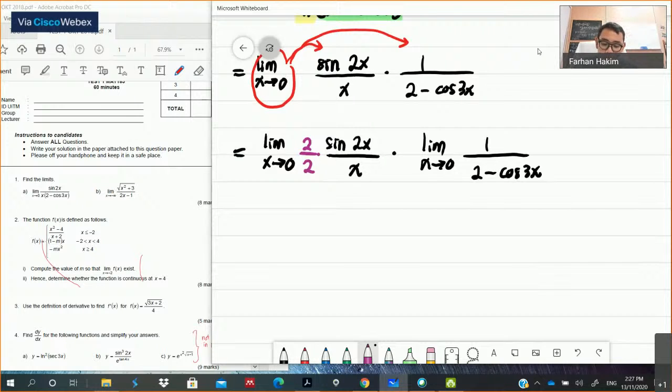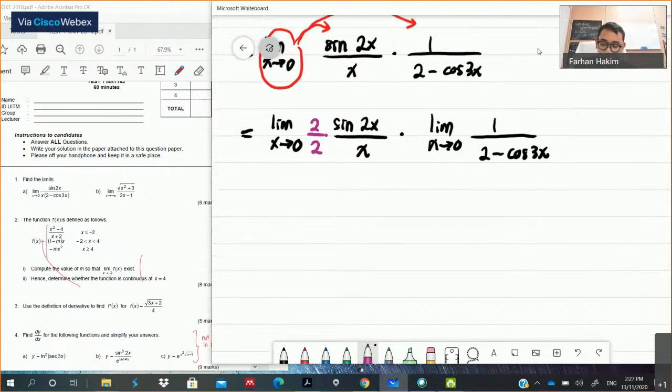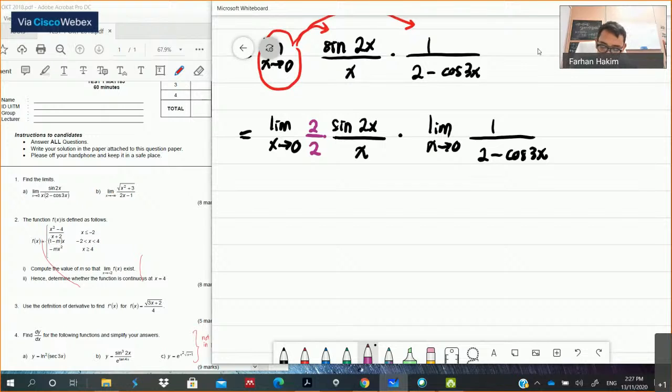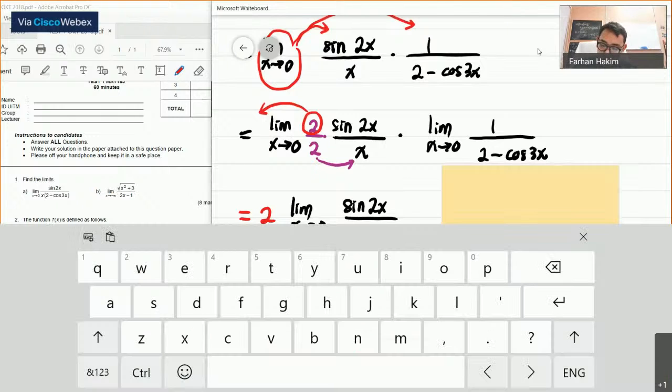I'm going to take out 2 outside because it's a constant. So it will become 2, and then the limit as x approaching 0 of sine of 2x over 2x, with the 2 together with the 2x, and the x.